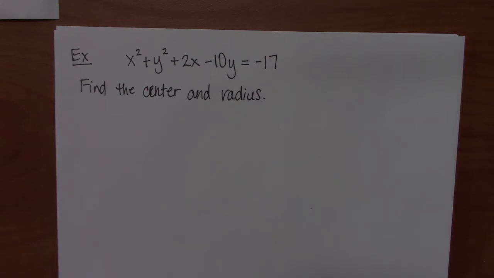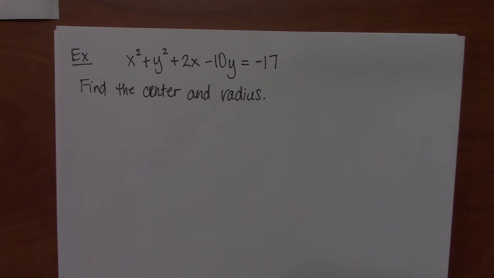In order to find the center and radius of the circle, the easiest thing to do is to rewrite the equation in standard form, okay? And in order to write this in standard form, some of you may remember this from high school, we're going to have to complete the square. Because what a circle is, it's a term squared plus another term squared equals a radius squared.